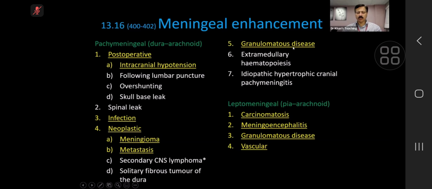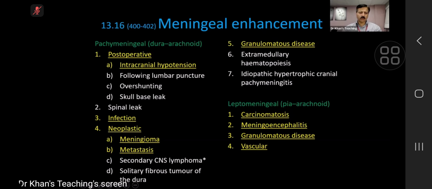This includes TB, fungal infections, but the biggest mimicker in neuroradiology, sarcoidosis. So remember sarcoidosis. It has come in the exam so many times, at times also as a long case. If you don't know it, you will be confused what is happening. So we will cover sarcoidosis subsequently. So indirectly, metastasis will be in both differentials. Sarcoidosis, TB or fungal will be in both differentials.